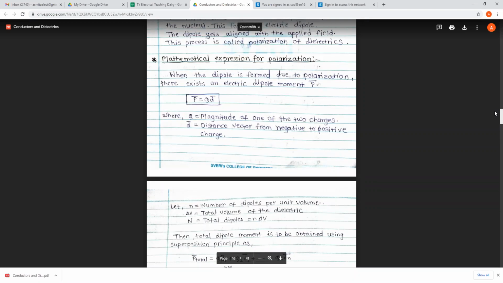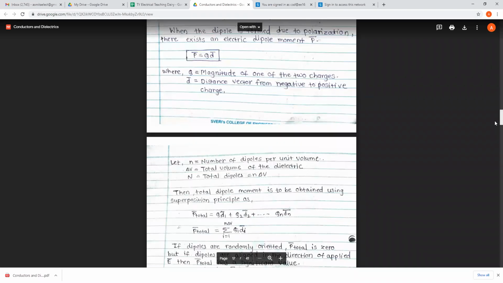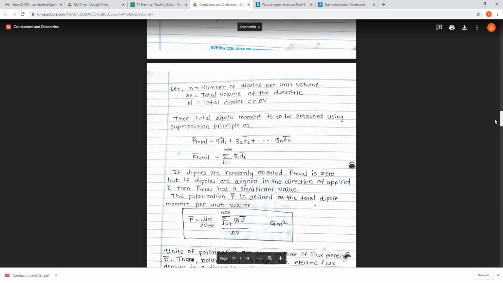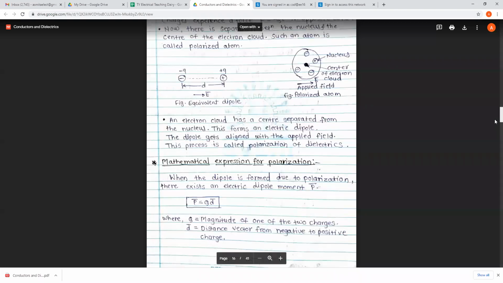Here we are considering the dipole moment, which is given by P bar. Can anyone tell me the unit of dipole moment? We saw dipole moment yesterday. They may ask you an MCQ type question on the electric dipole moment, either the equation or the unit.